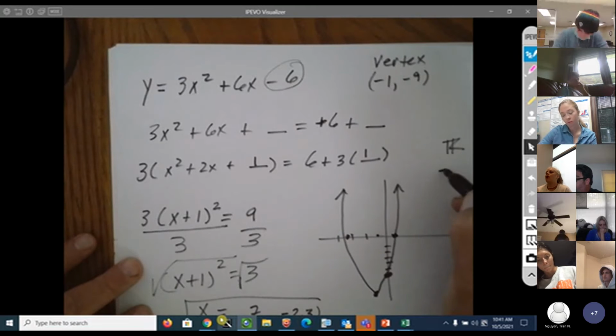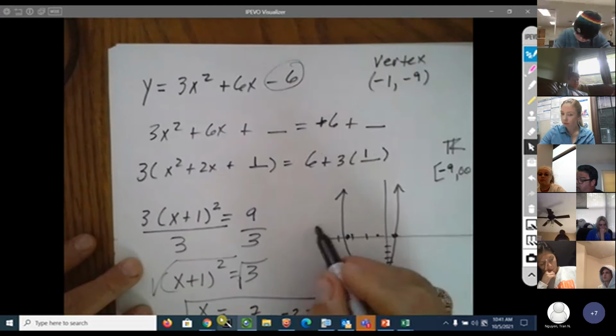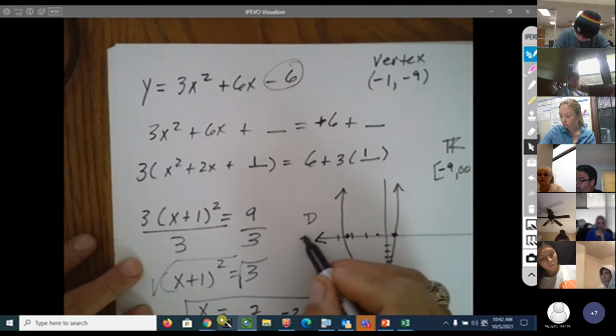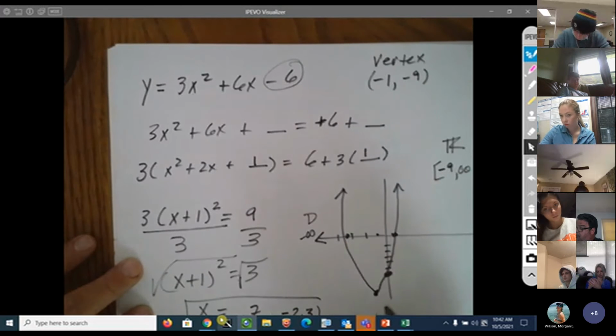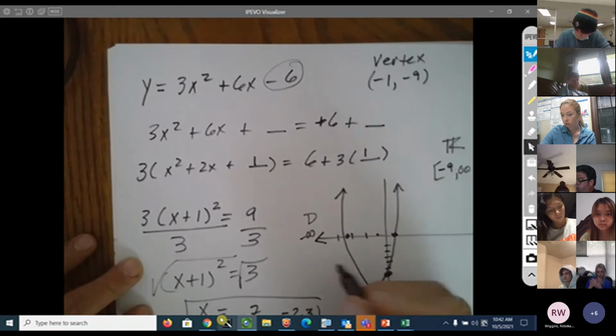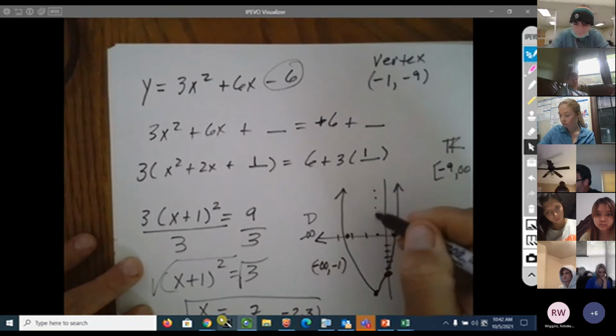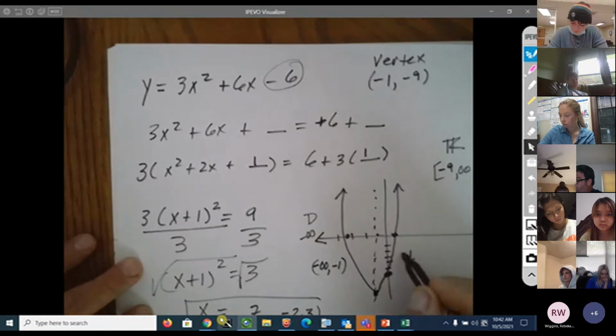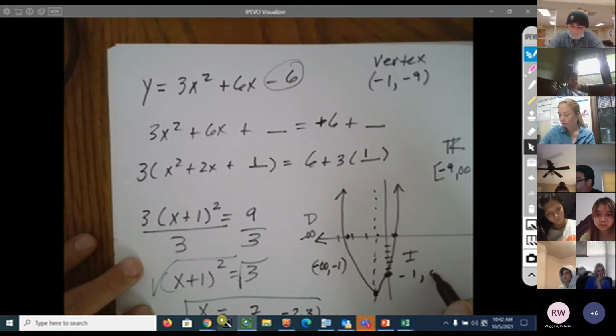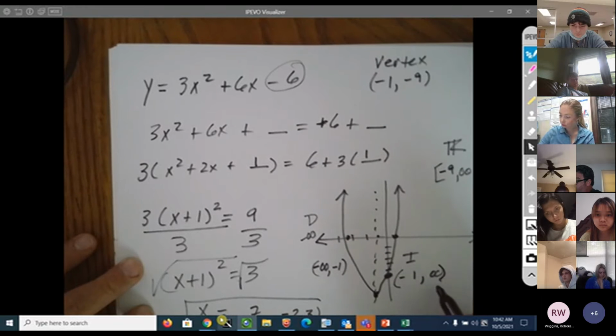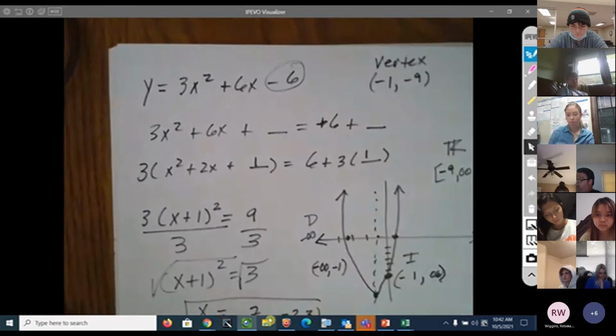Range is from -9 to infinity. Decreasing from -infinity to -1. And increasing from -1 to infinity. And that's it.